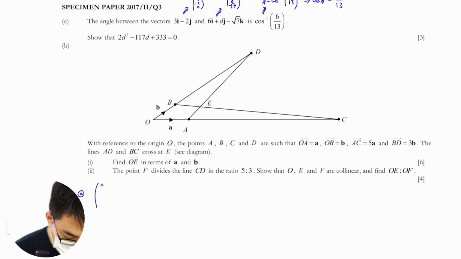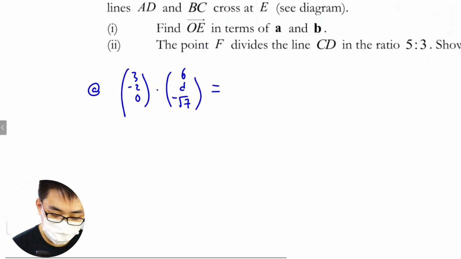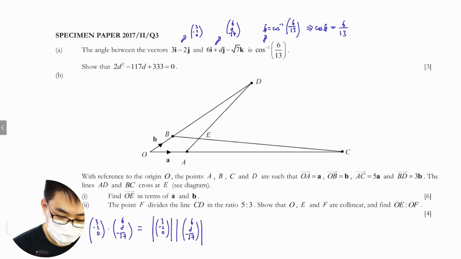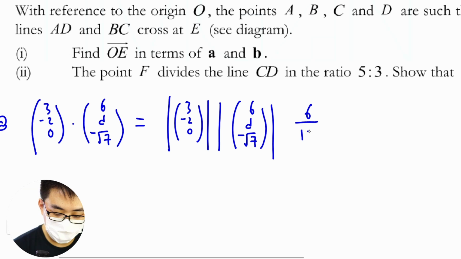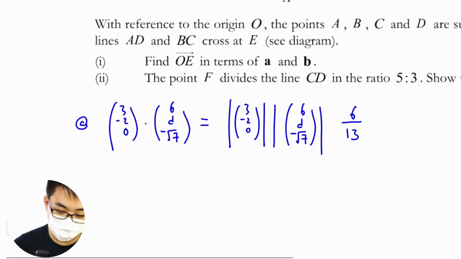Very standard one. A dot B equals modulus A, modulus B, then cosine theta, right? Nothing fancy.